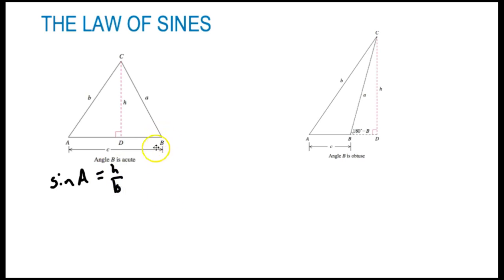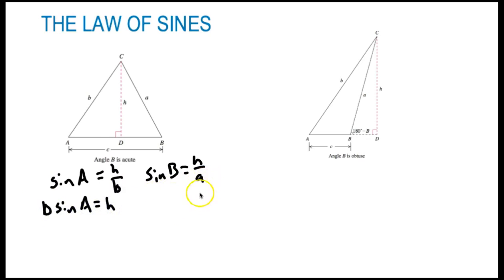Now, similarly, over here, if we talk about the sine of angle B, we can say that's going to be, again, now looking at this right triangle right here, opposite over hypotenuse, h over a. Now, if I take each of these equations and solve them for h, I would just multiply by b here. We would get b times the sine of A is equal to h.